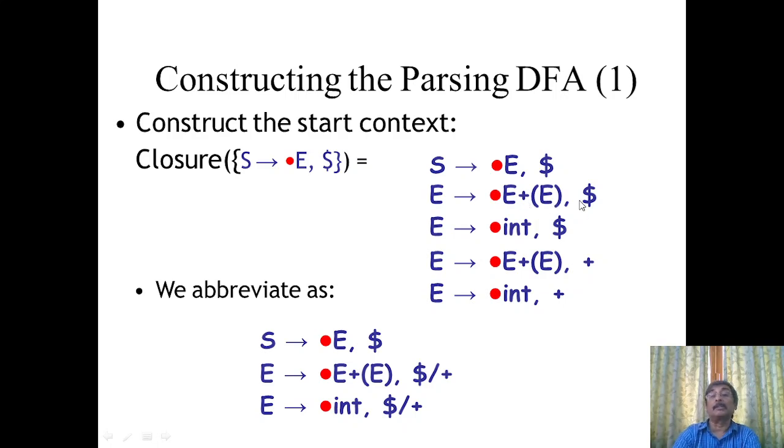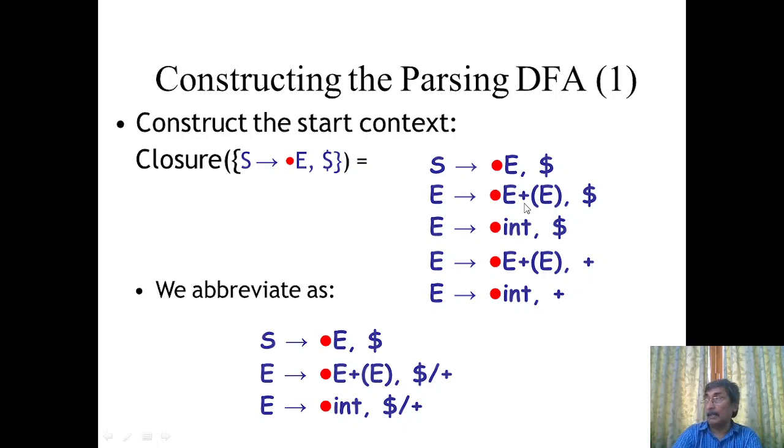This beta and this small a: remember the first set in LL1 parsing. The first set of beta a, all the elements in the first set of beta a will be added for that item here. Now, what is this beta? This beta starts with plus.